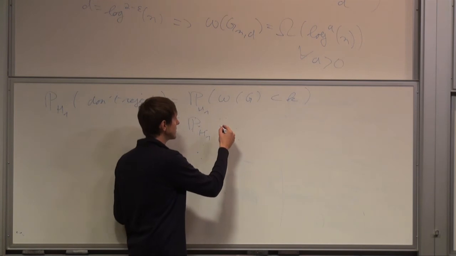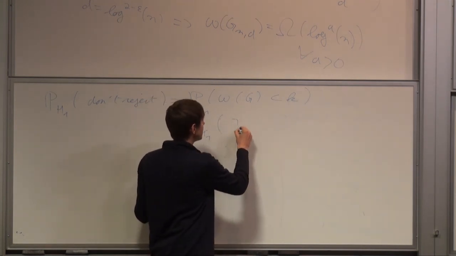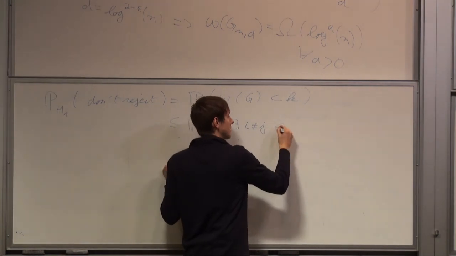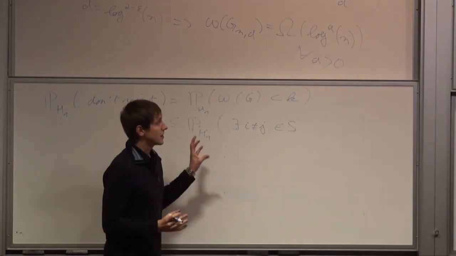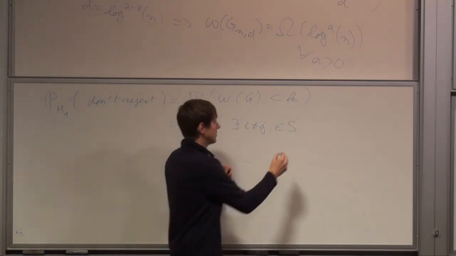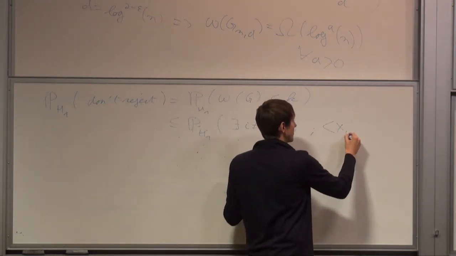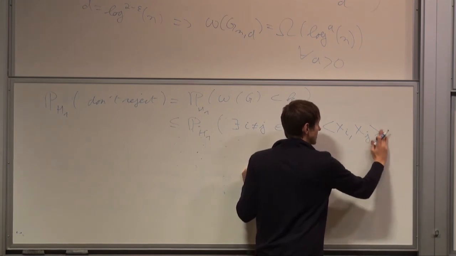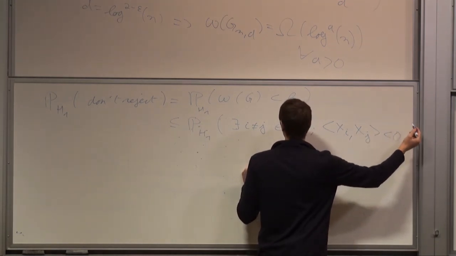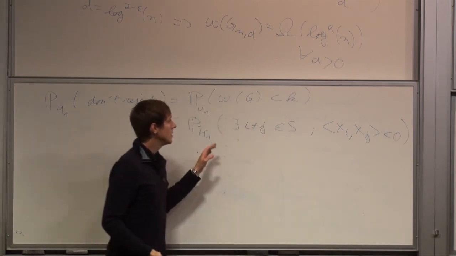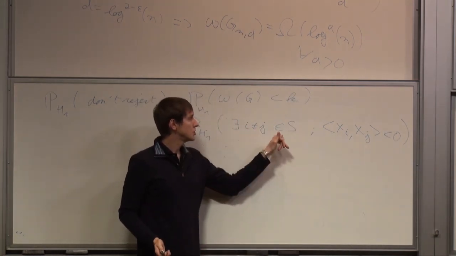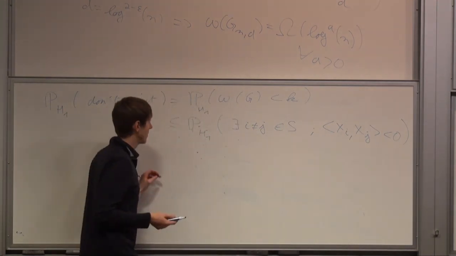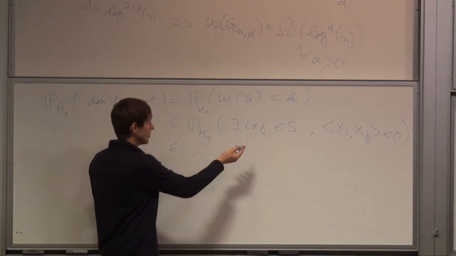So it's smaller than the probability that there exist i not equal to j, both in S, the contaminated set, so two guys which are not connected, such that the inner product between xi and xj is negative. If for every i not equal to j in S this inner product is positive, then I have a clique of size k. So now let's just do a union bound.